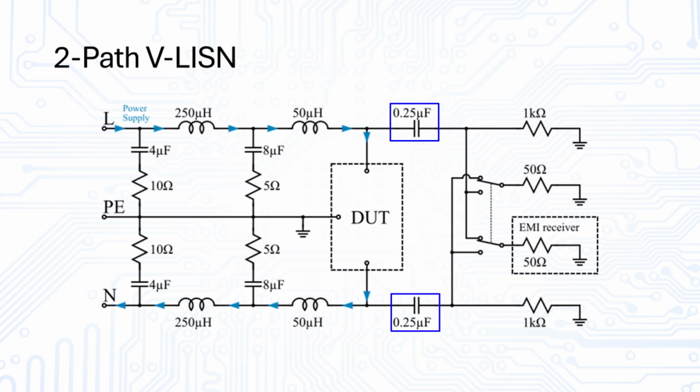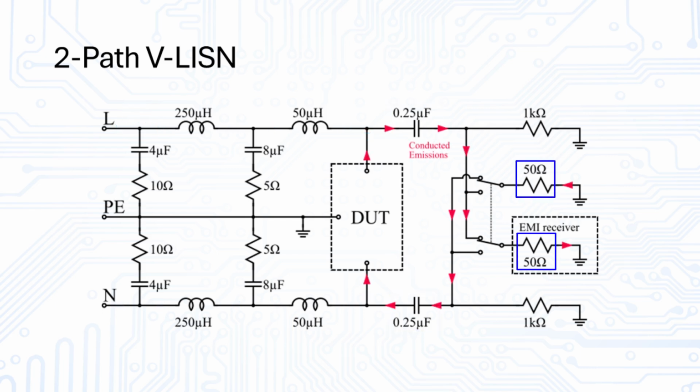On the right side of the DUT, capacitors are utilized to block the low-frequency components, followed by two 50-ohm resistors, one being the input resistor of the measurement instrument, and the other one is a dummy resistor for symmetry. The 1 kilo-ohm resistors are placed to provide a path for the capacitor to discharge. The typical impedance of the presented LISN over the measured frequency range is 50 microhenry plus 5 ohm in parallel to 50 ohm. Typically, this impedance is stated in the datasheet of the LISN.